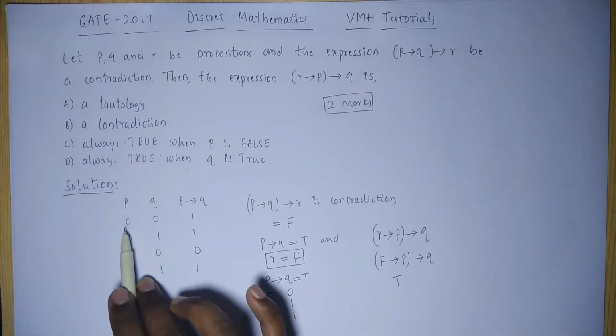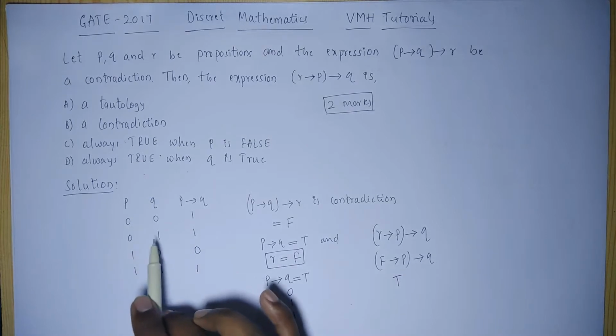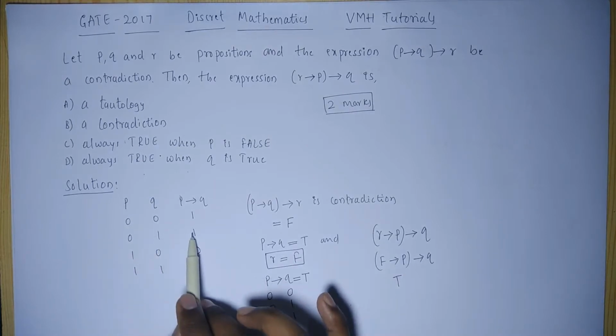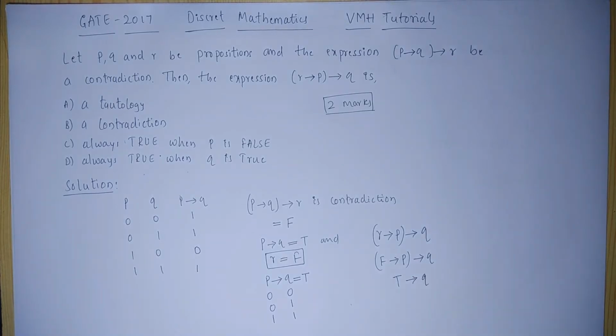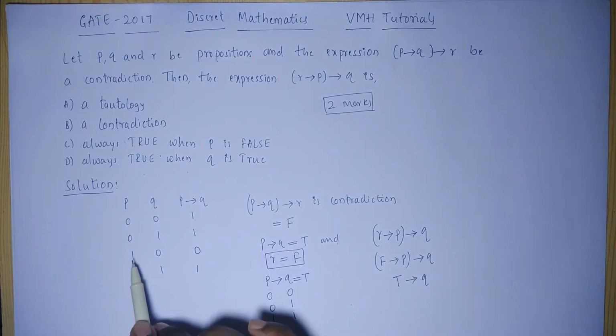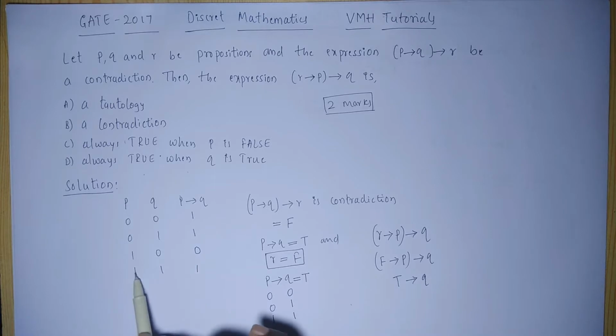If the first expression is false, irrespective of the second one, the implication is always true. So true implies Q. Now the outcome of true implies Q has two possibilities. If the first one is true and the second one is false, the implication is false. If the first one is true and the second one is true, the implication is true.